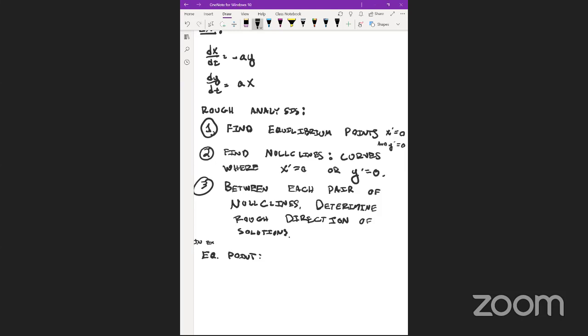So in the system of equations above, what is the single equilibrium point?